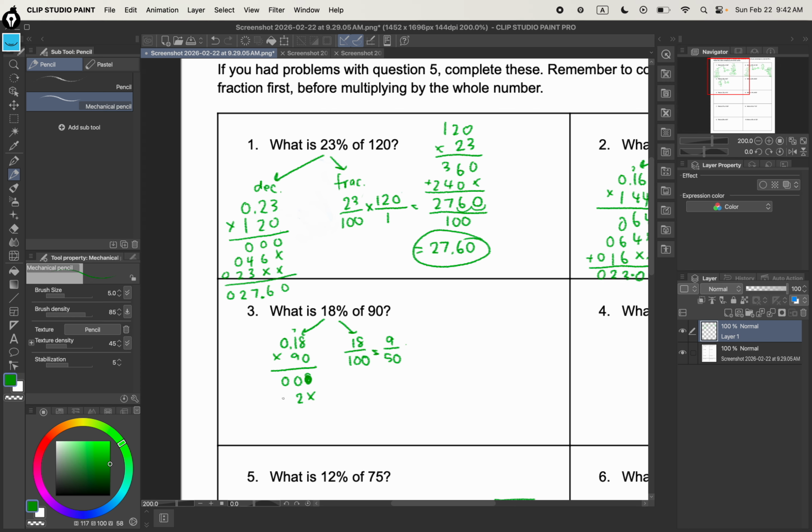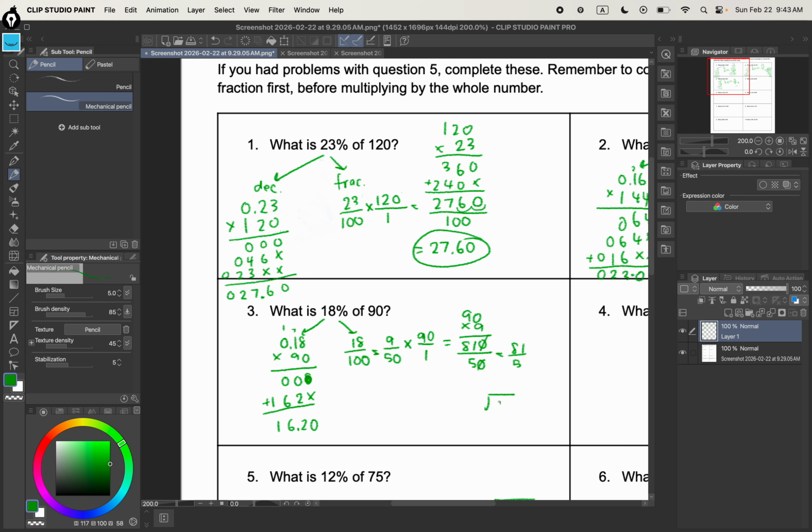9 times 1 is 9, plus 7 is 16. Okay. 90 over 1. Okay, I know I can simplify that first, so I'm going to get rid of the zeros.